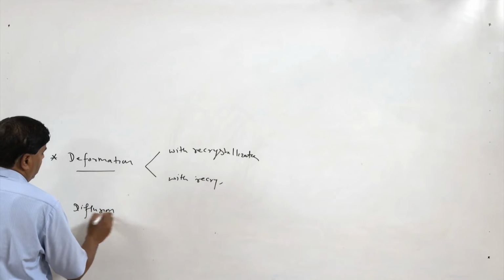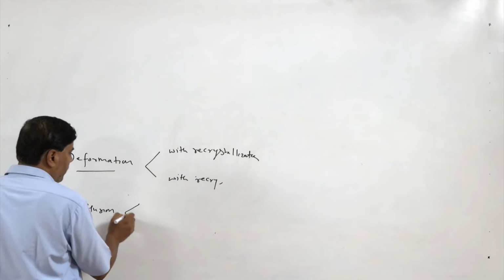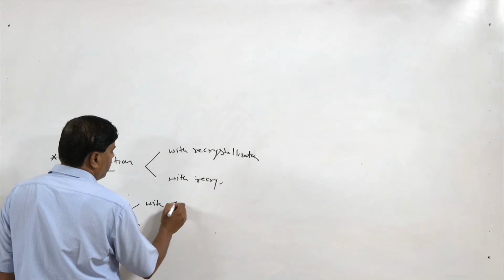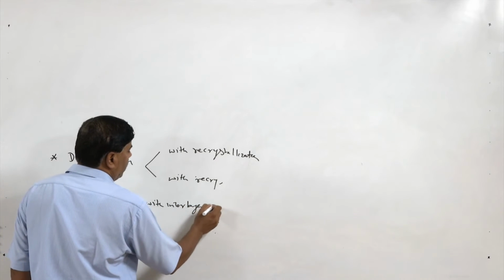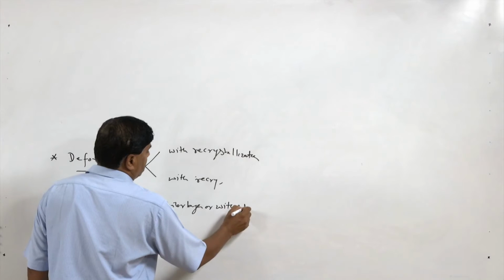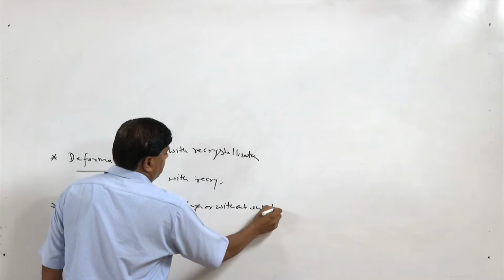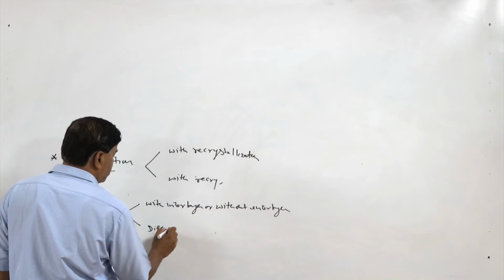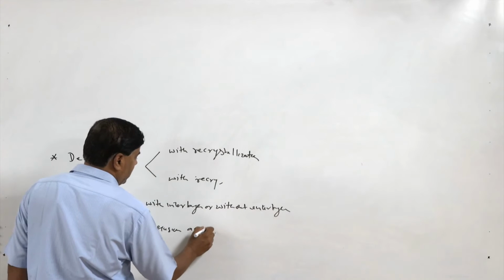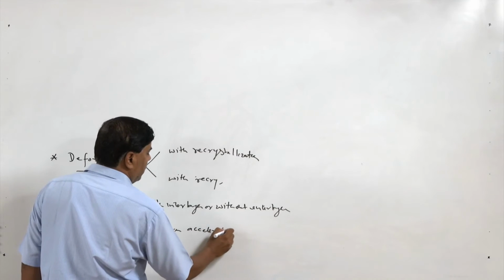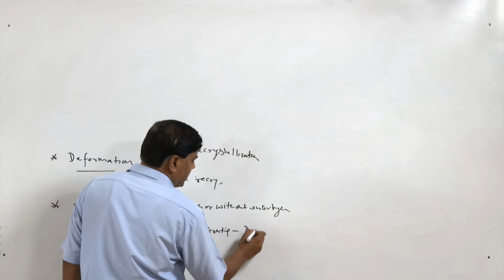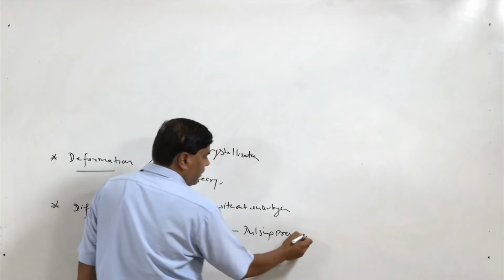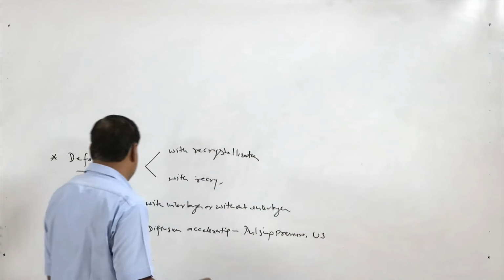The second one is the diffusion at the faying surfaces, which may be done with interlayers or without interlayers. And here sometimes the diffusion accelerators or accelerating approaches are used, like pulsing pressure or ultrasonic vibrations are applied.